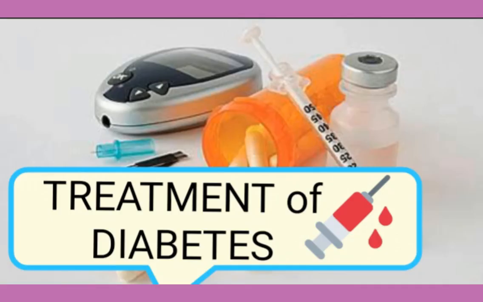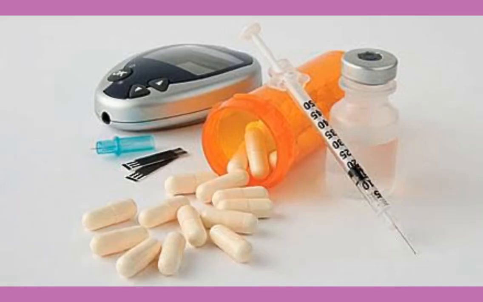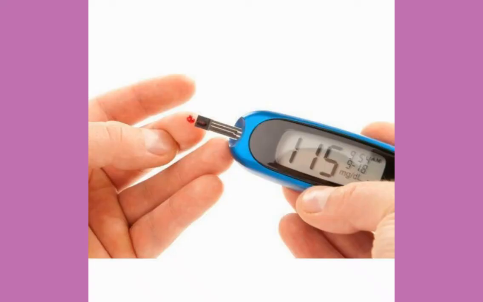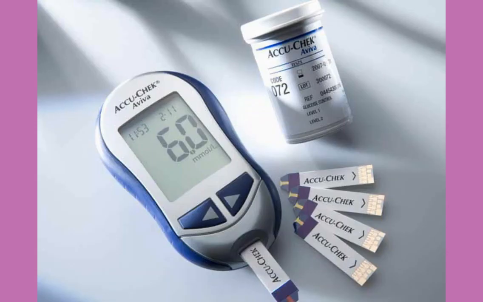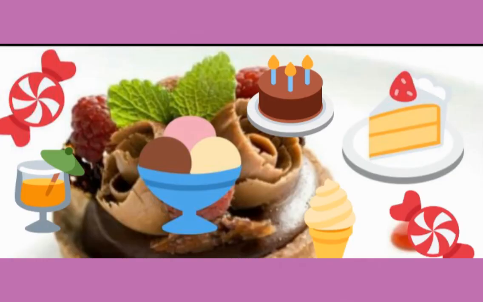Now we see the treatment of diabetes mellitus. First of all, people suffering from diabetes must take responsibility for day-to-day care. This includes monitoring their blood glucose level daily and keeping an eye on their diet: they must stop taking high levels of sugar in their food.